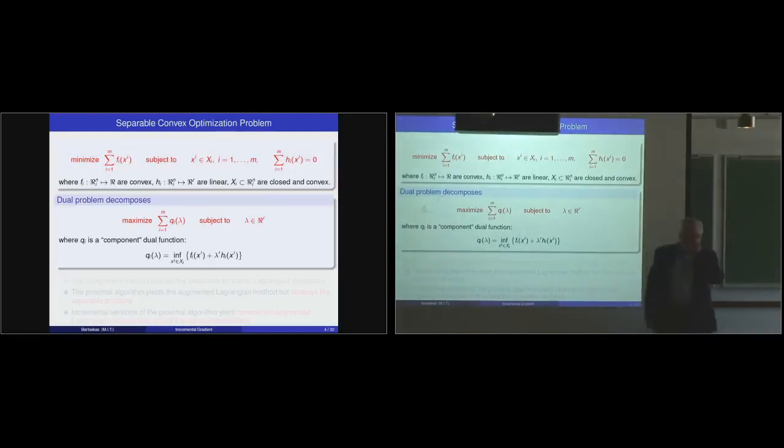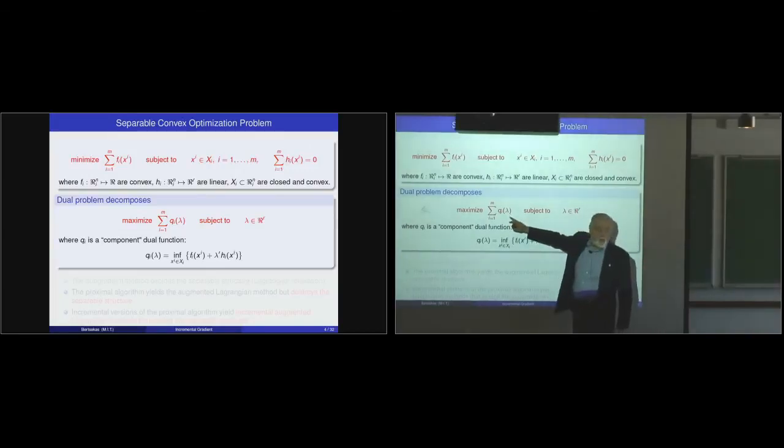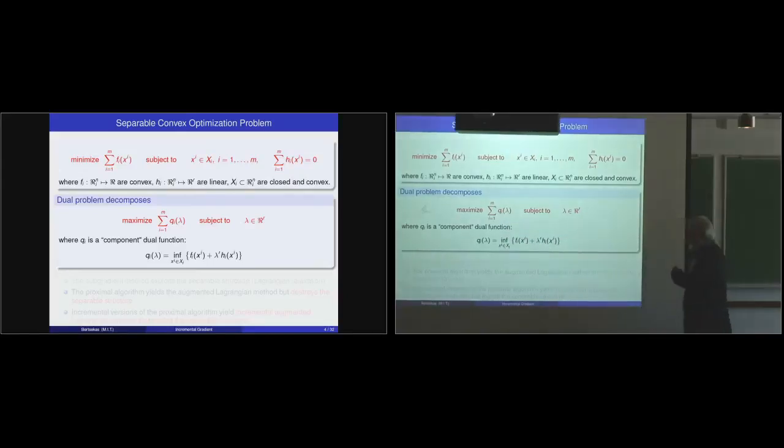Now here you see the connection between this separable problem and the incremental type of algorithms. The dual cost function consists of components, possibly a very large number. So any algorithm that you can use for incremental minimization can be used also for dual incremental minimization, dual gradient, or dual proximal applied to this decomposable dual problem.